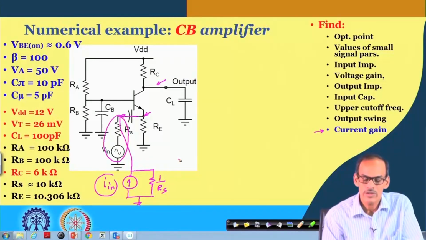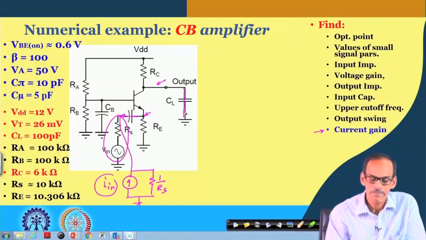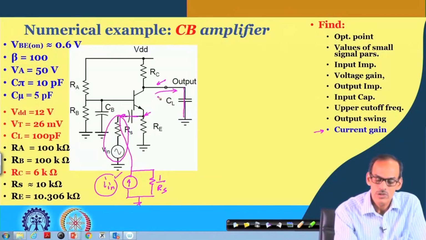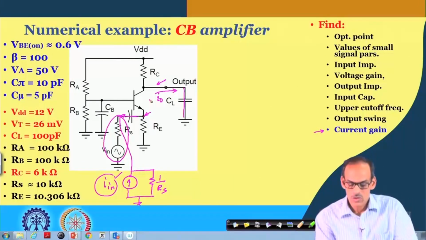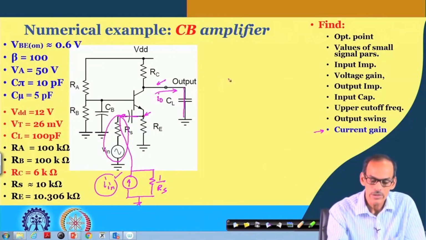And for unloaded condition, what we mean is that we have to short it to the AC ground, and while we have this I in current, what is the corresponding output short circuit current. For this current gain, you may recall that the current gain is very close to 1.